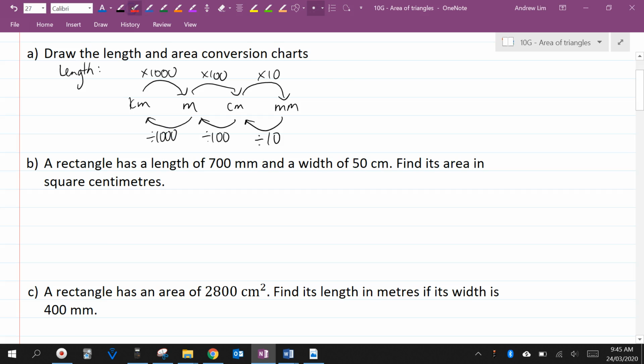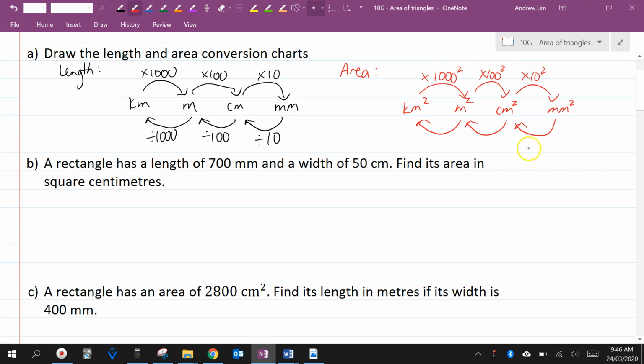And then we'll have a look at area. Area is exactly the same thing, except everything is squared. Clockwise direction. Top is times. Bottom is divide.